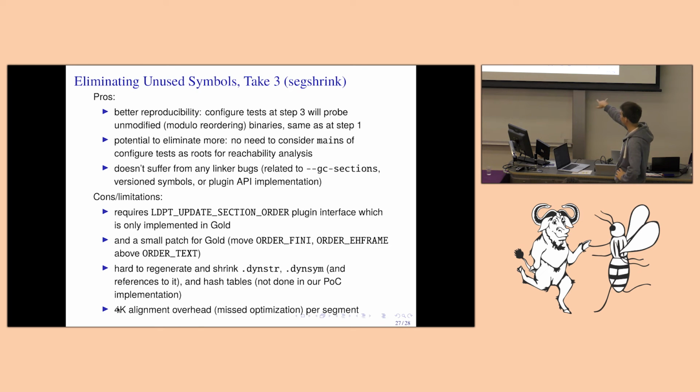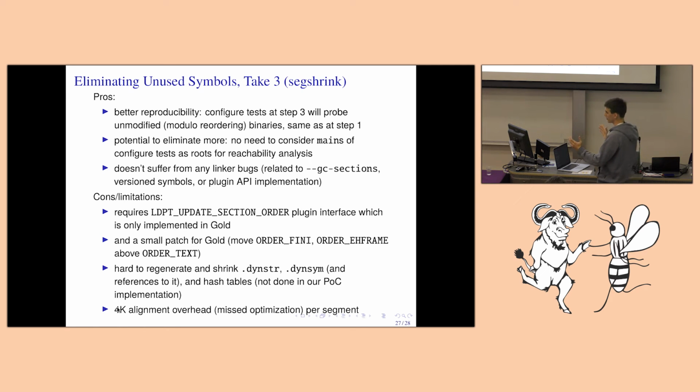And the alignment constraint, you have 4K missed optimization per segment, and it means probably 2 per binary. And the remaining one is actually a big one because those sections, dynamic strings and dynamic symbol table, are quite big, especially if you have C++ programs.